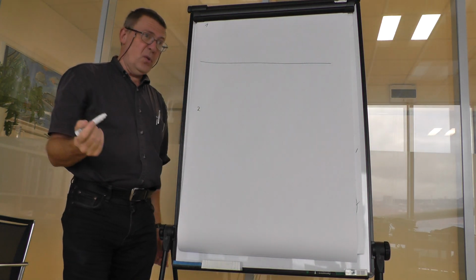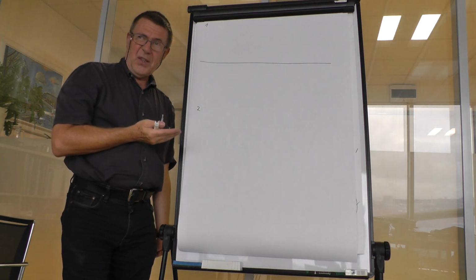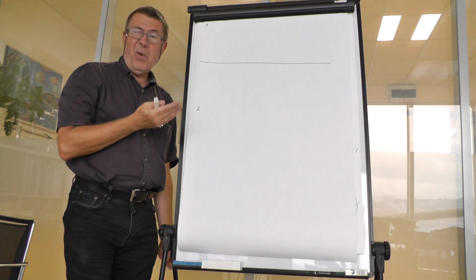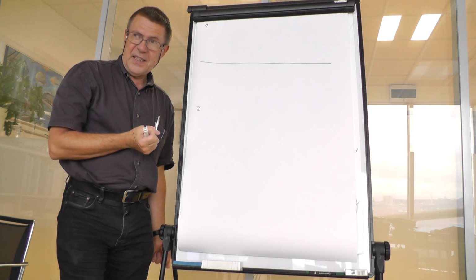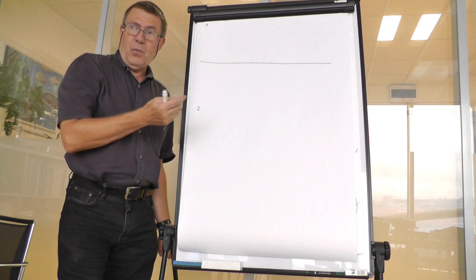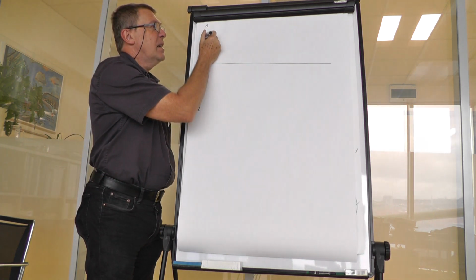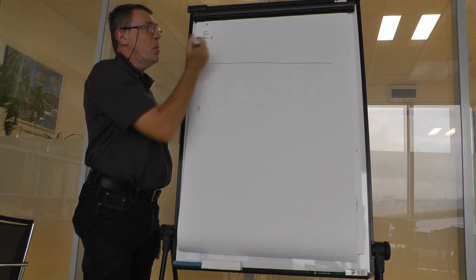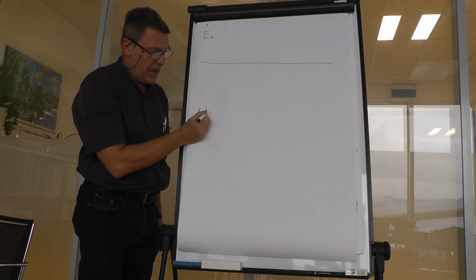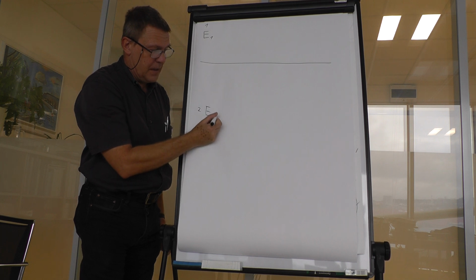And within those two parts of the universe, we have most of the quantities marked 1 or 2. So we have electric field strength upstairs as E1 and electric field strength downstairs marked as E2.